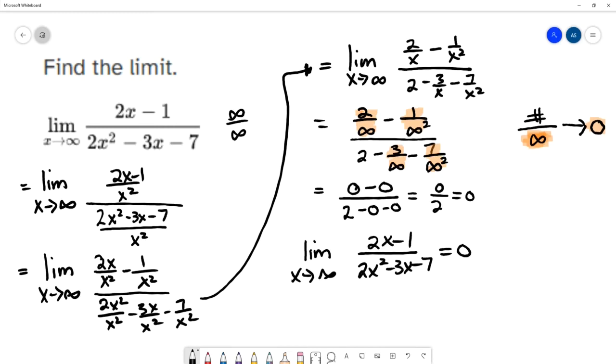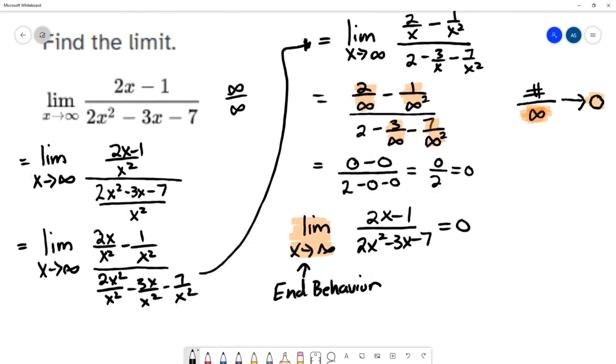Thinking of another approach on this example, when we are looking for limits at infinity, like we are in this example, we're looking at the end behavior. What is happening at the very ends of the graph when x is infinity or negative infinity. If we know about horizontal asymptotes, that's also helpful to know what the end behavior might be.